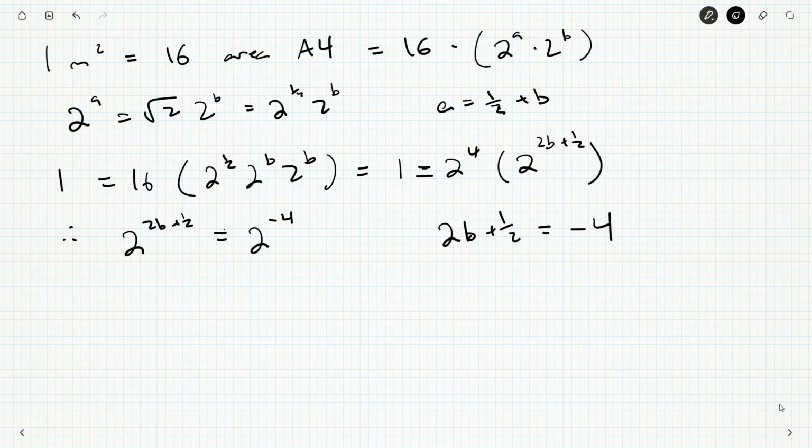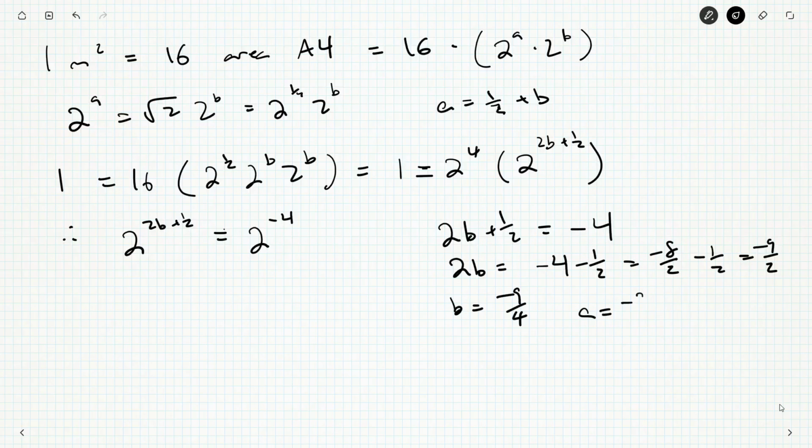And then 2b is equal to negative 4 minus 1/2, so that's negative 8/2 minus 1/2, negative 9/2. So b is negative 9/4, and a is b plus 1/2, so that'd be negative 9/4 plus 2/4, which would be negative 7/4. So there's B and there's A.